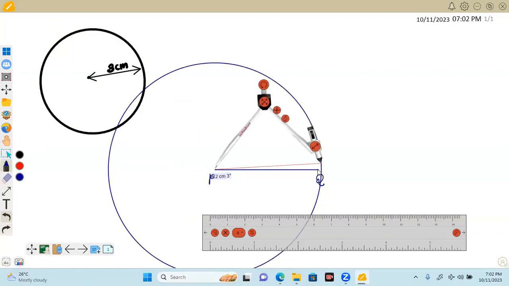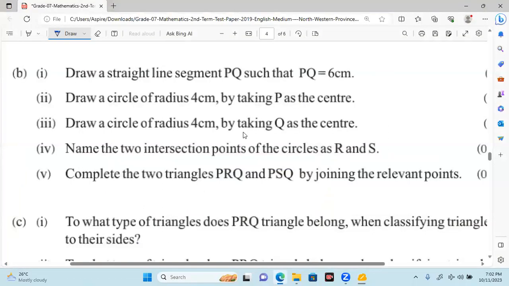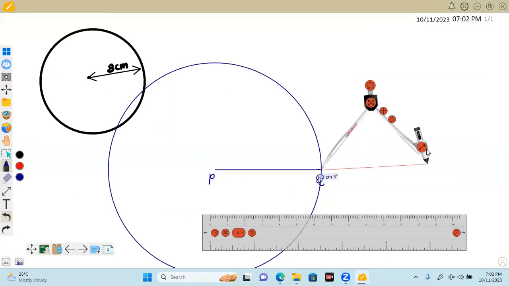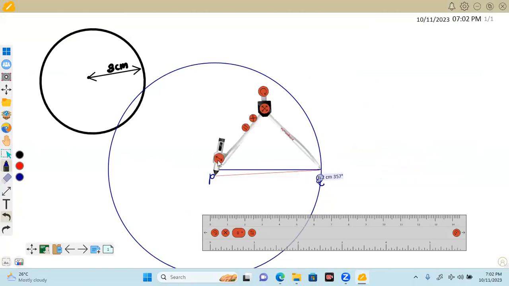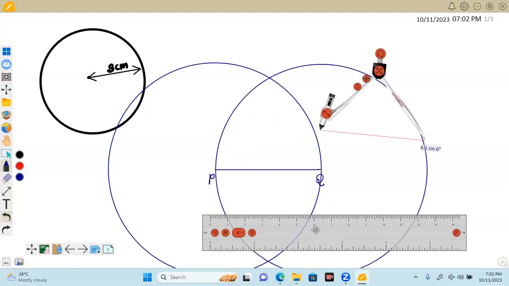A circle should come like this. Then draw a circle of radius 4 centimeters by taking Q as the center. Take Q as the center and draw a circle. It will come like this.